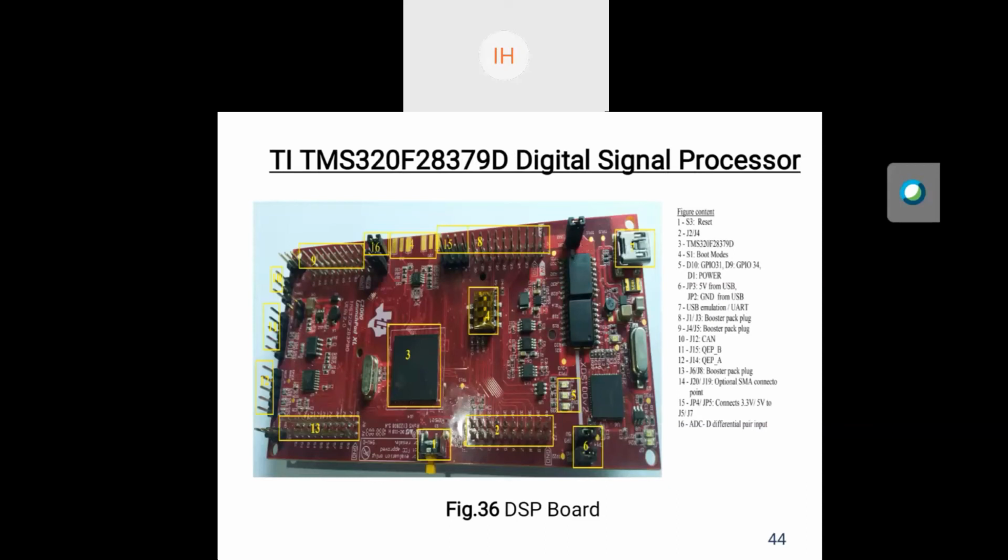The DSP that we have used here is TMS320F2379D. It is a 32-bit floating point microcontroller unit designed for advanced closed loop control applications such as industrial drives, servo motor control applications, digital power applications, converters, and power communication.